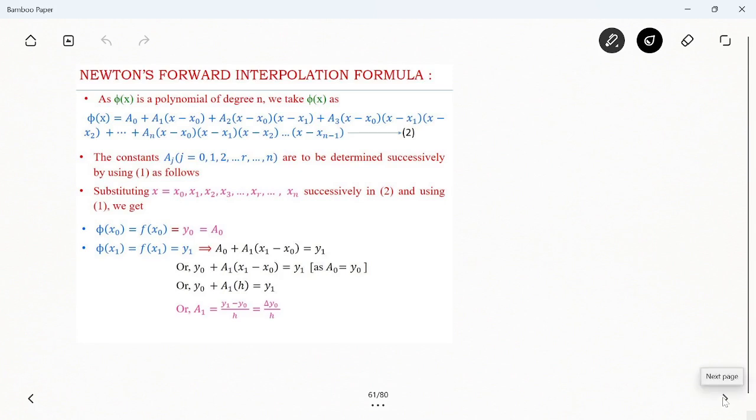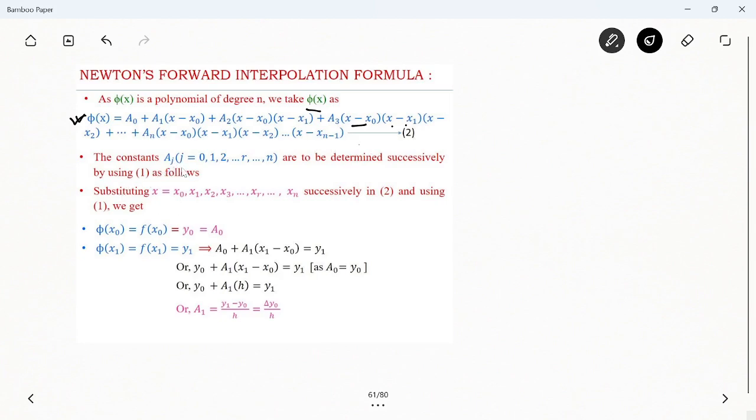Now our f(x) is a polynomial of degree n, and we assume our phi(x) as this: phi(x) equals a0 plus a1(x minus x0) plus a2(x minus x0)(x minus x1) plus a3(x minus x0)(x minus x1)(x minus x2) and so on up to an(x minus x0)(x minus x1)(x minus x2) up to (x minus x(n minus 1)).